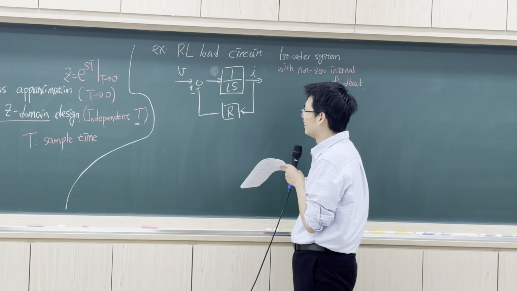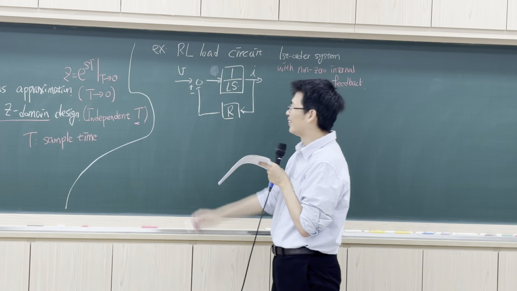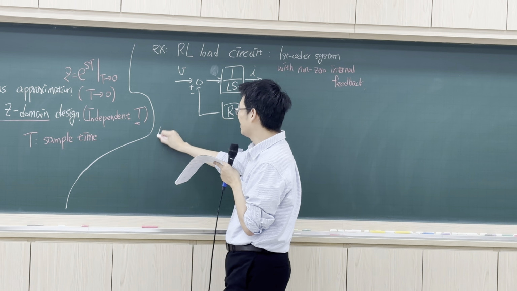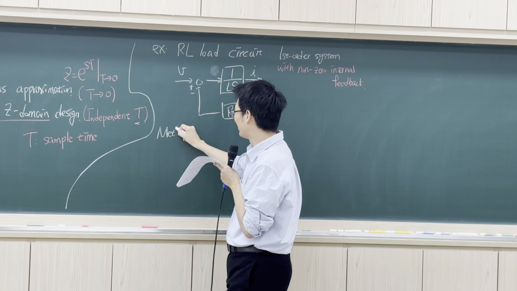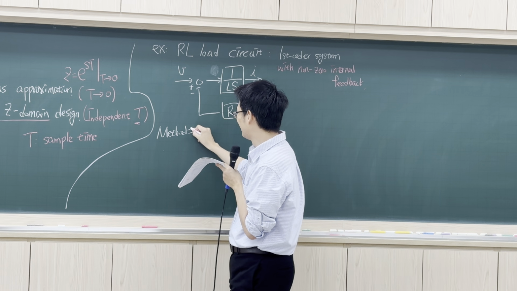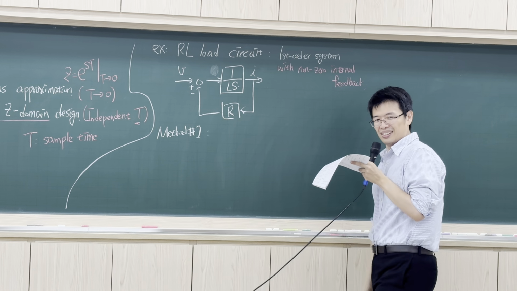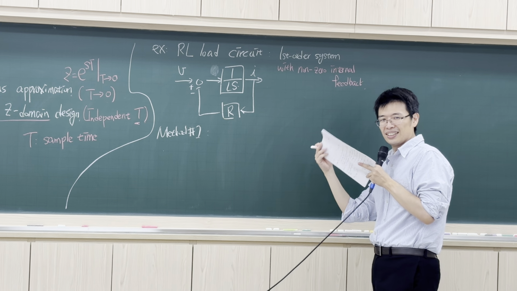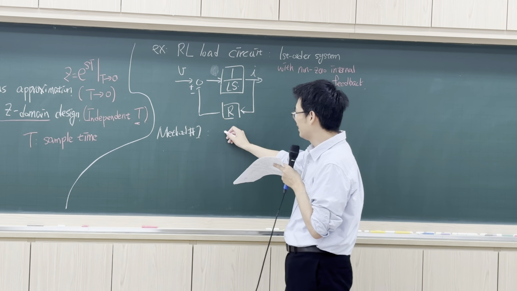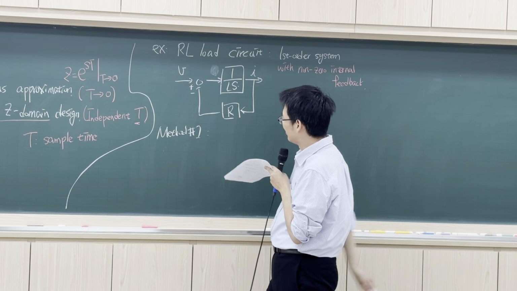Like this. Okay, so for continuous approximation, method number 1, the first step for method number 1 is, what's the first step?